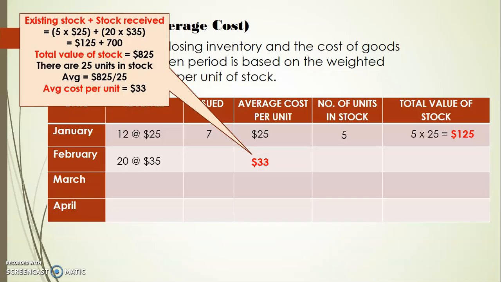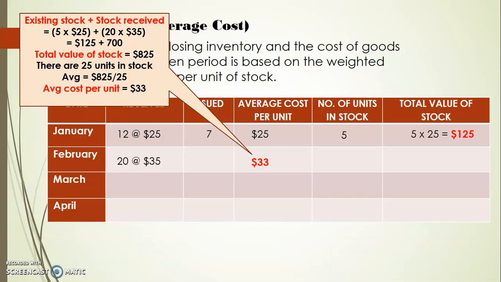The total value of stock is then divided by the number of units of the item in stock. So if we look at the example, we can see that we have in existence 5 reams at $25. We received in February 20 reams at $35.